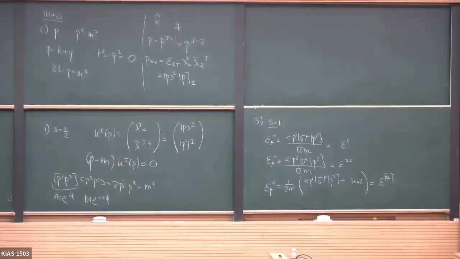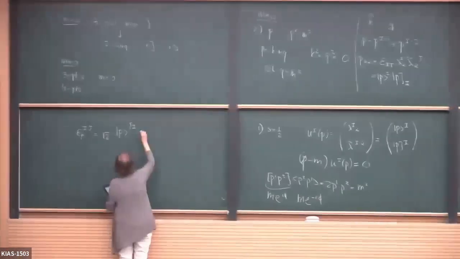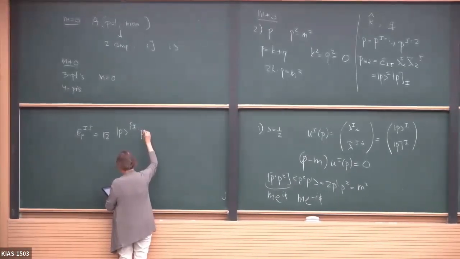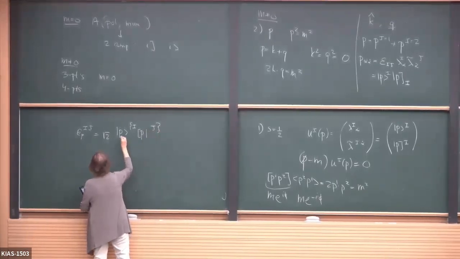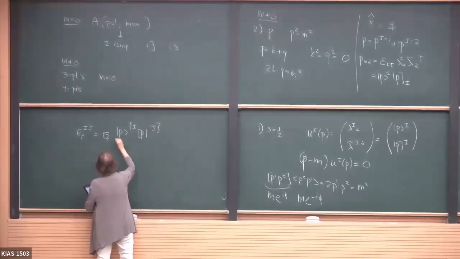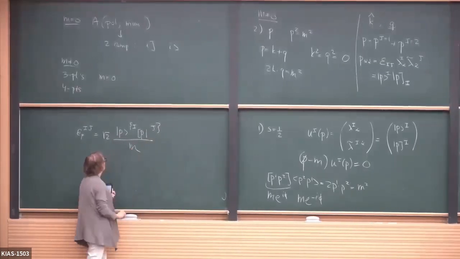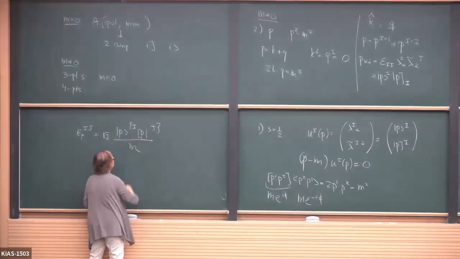And I can write it collectively as square root of 2 pi I pj, and I need an m here. And these indices are symmetrized.